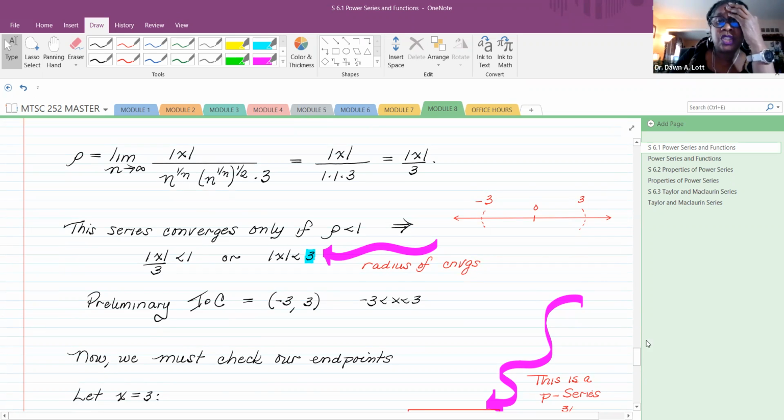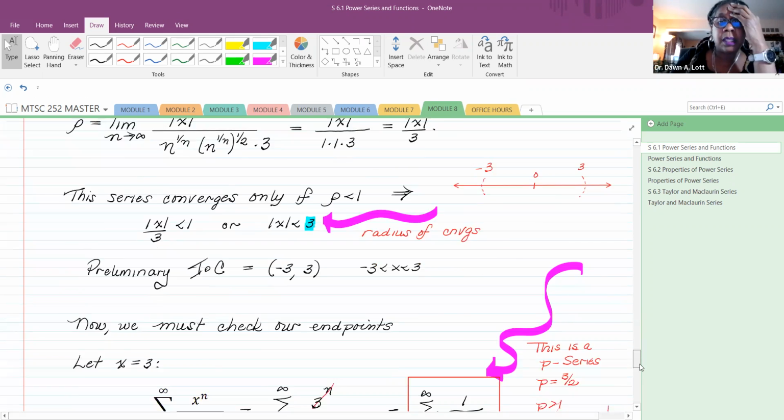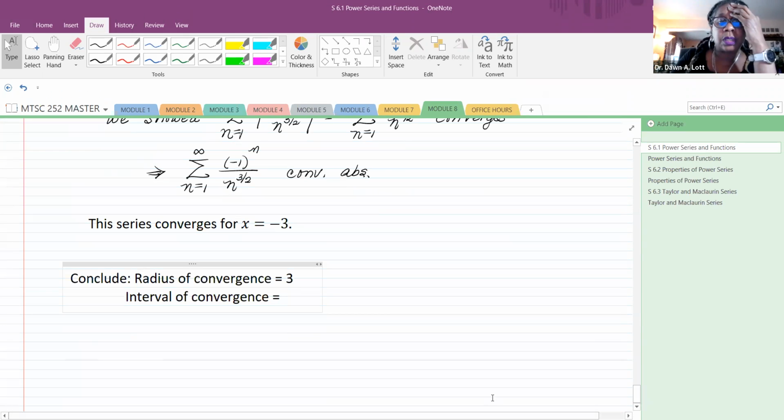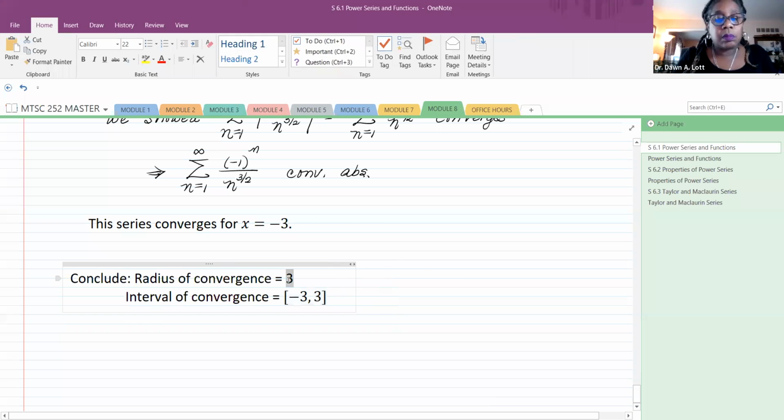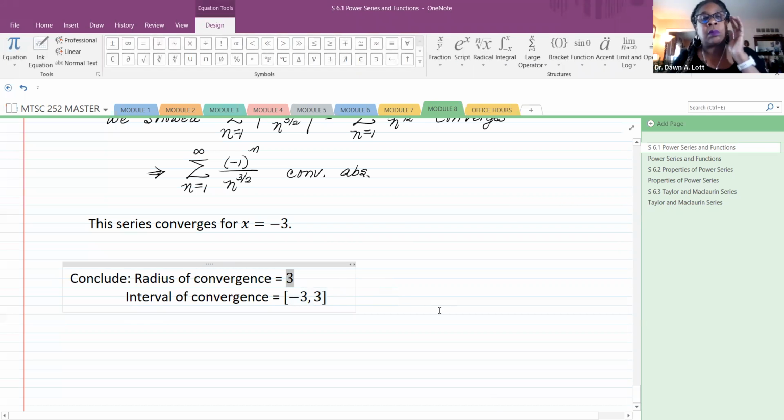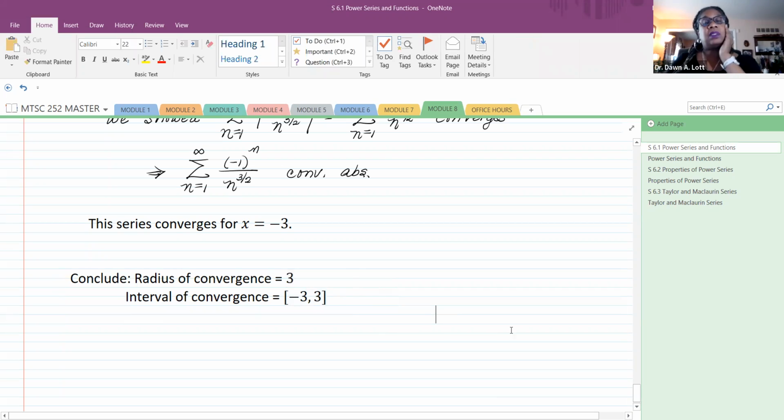But now we just checked 3 and minus 3, and we know it converges. So now I can put negative 3 to 3. So that's the whole interval. Okay, so that's it for that problem. Any questions?